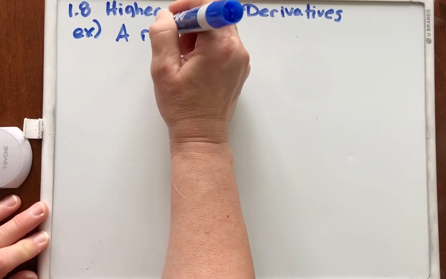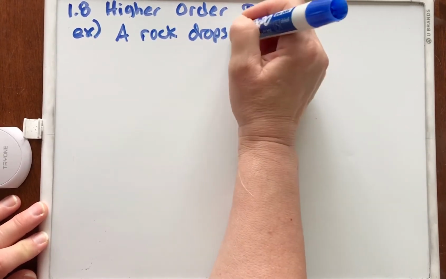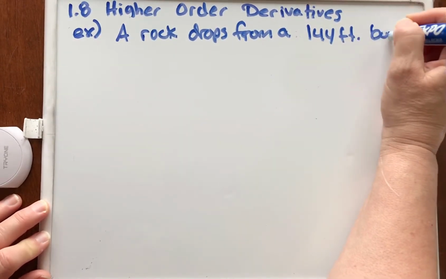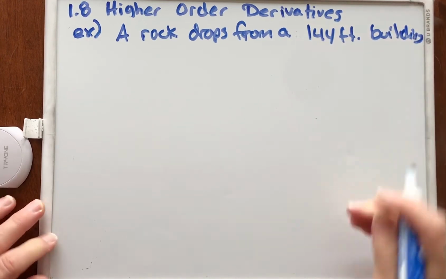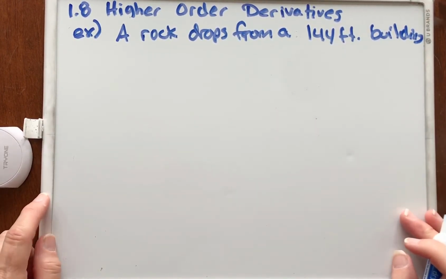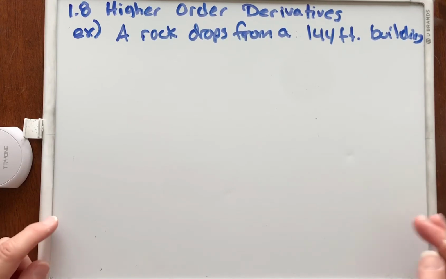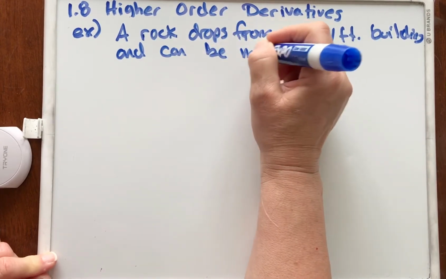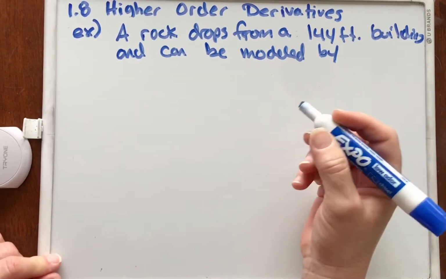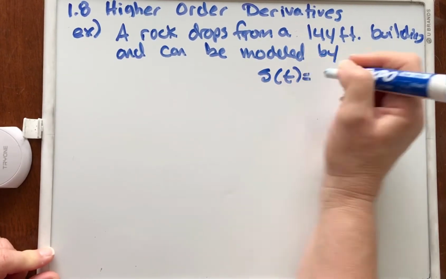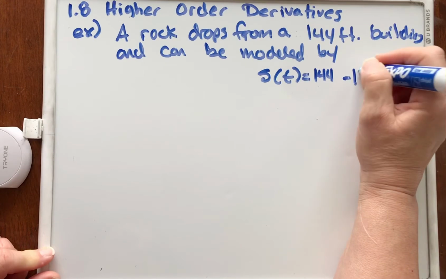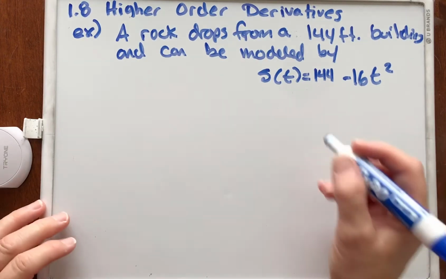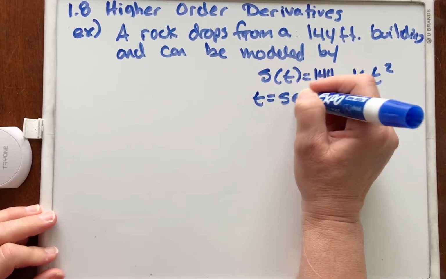A rock drops from a 144-foot building and can be modeled by this equation. S of t equals 144 minus 16t squared. Okay, in this case t is in seconds.